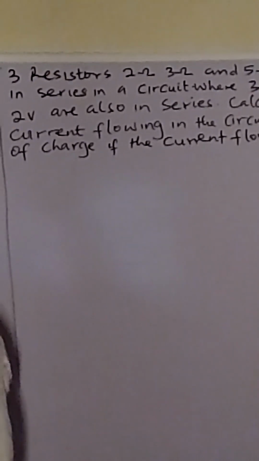Okay, like we said, that we have shown how resistors can be connected in series and how cells can be connected in series. This is a typical question where both resistors and cells are connected in series.